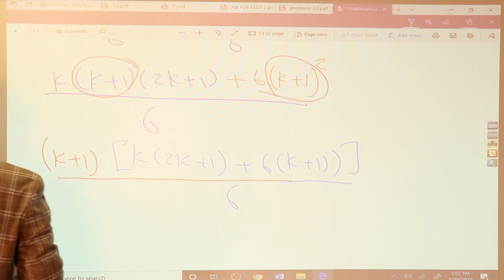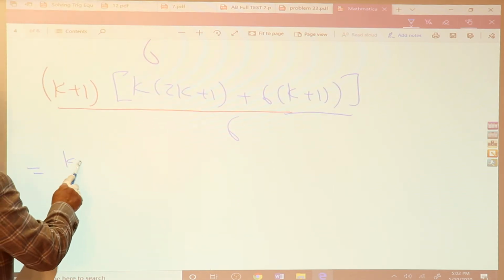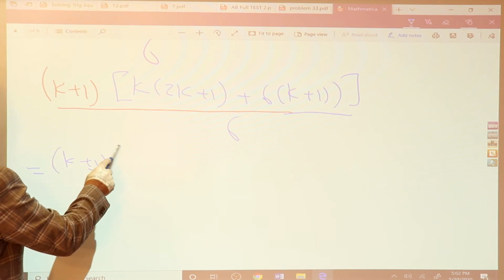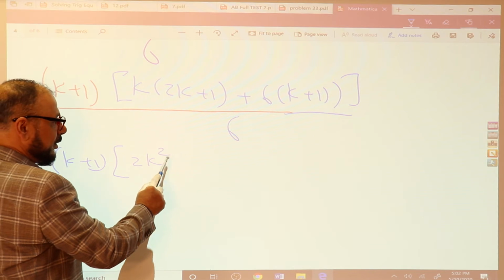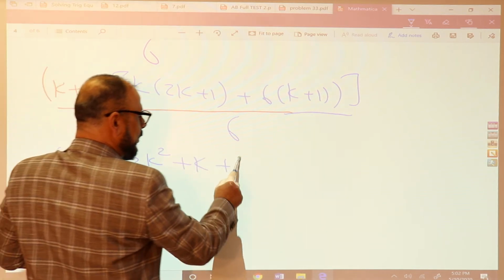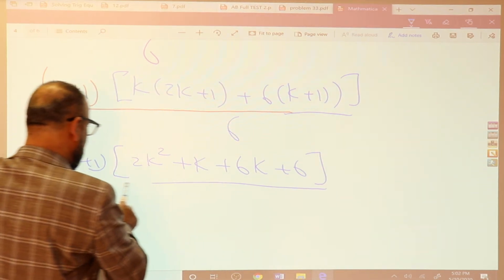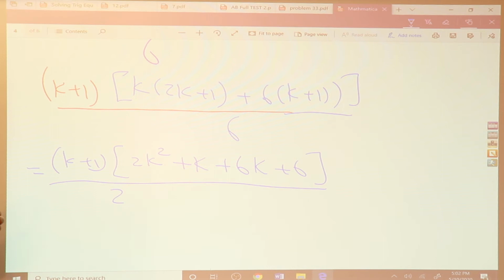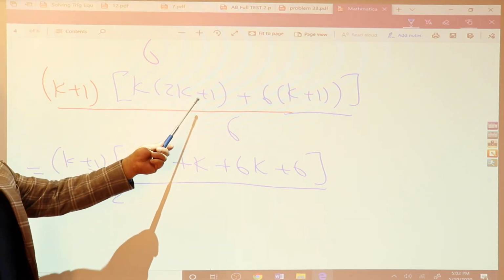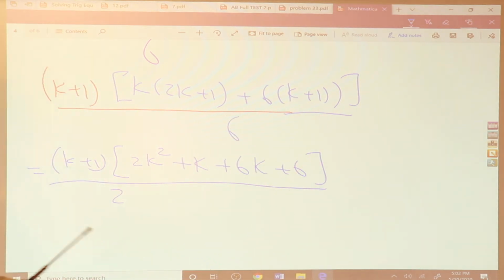Let us simplify this. k plus 1, and here 2k squared plus k, plus 6k, plus 6.